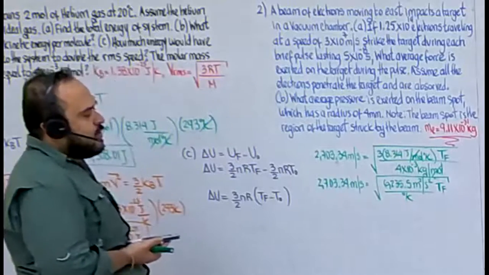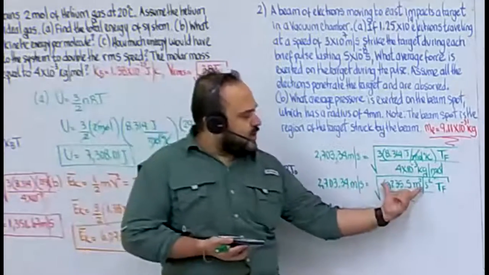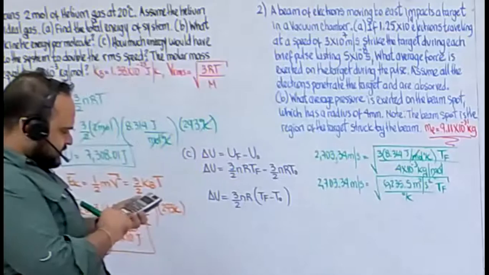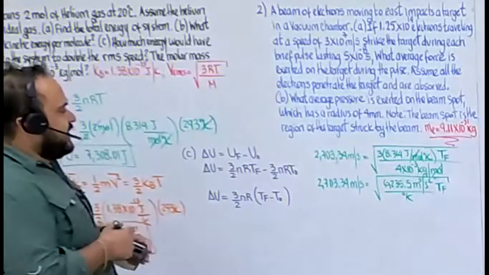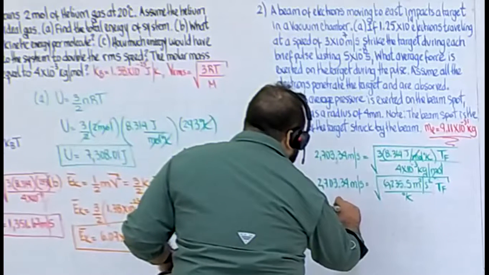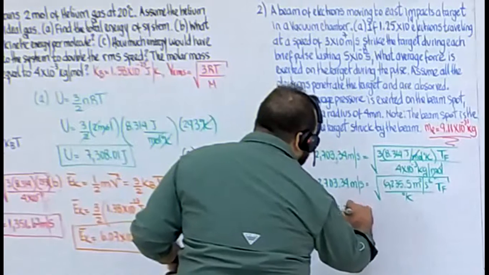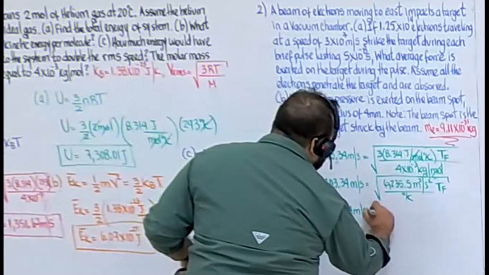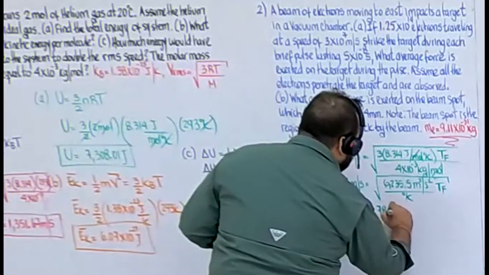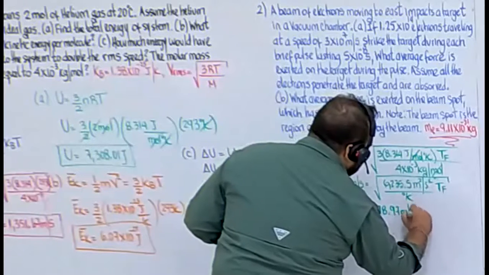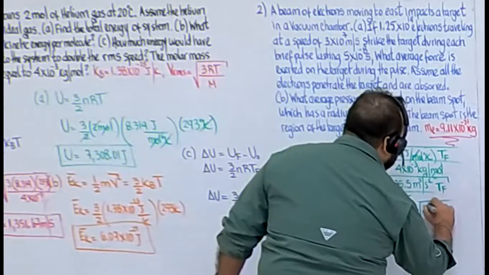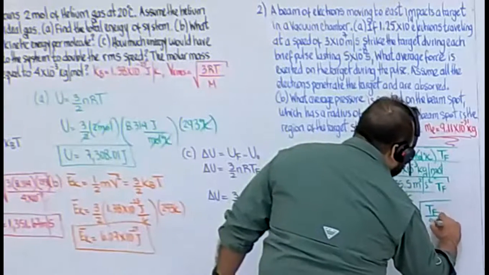So what will be the next step? We can take the square root of this number, just to simplify the expression. I'm going to copy once again: 2,703.34 meters per second equals, the square root of that value, which is 78.97 meters per second, multiplied by the square root of the final temperature over Kelvin degrees.